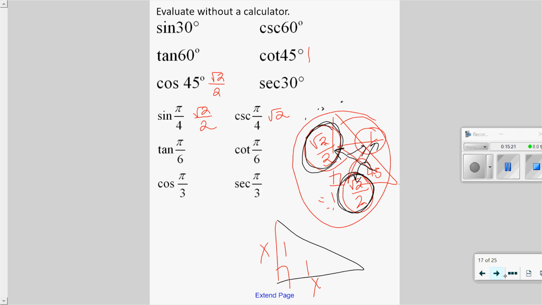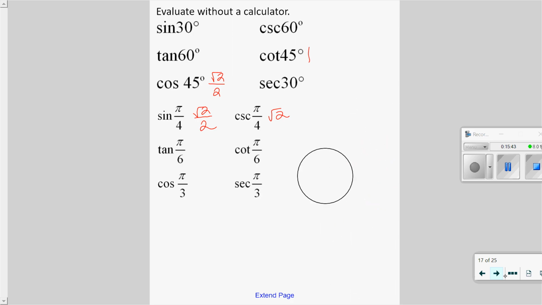My answers are just a side length. My hypotenuse is 1, so when I do sine and cosine, because those are the only two really important ones, because if I can get sine and cosine, I can get the rest of them, the denominator's 1. So it's just the side length. Okay?